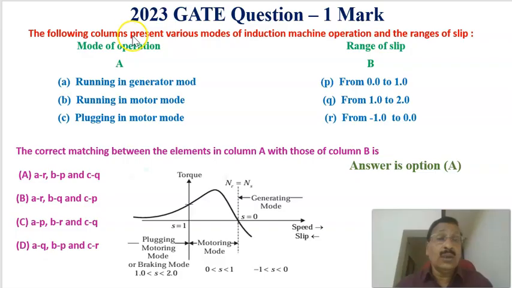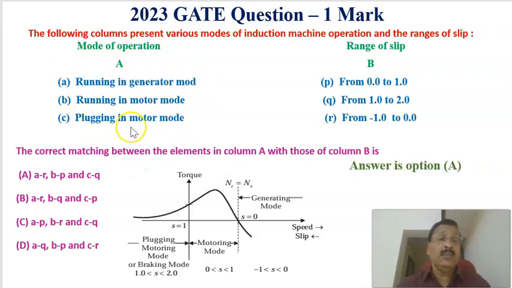The following columns present various modes of induction machine operation and range of slip. The modes of operation are represented in column A, and the range of slip is represented in column B. In column A, the modes are: a, running in generator mode; b, running in motor mode; and c, plugging in motor mode.